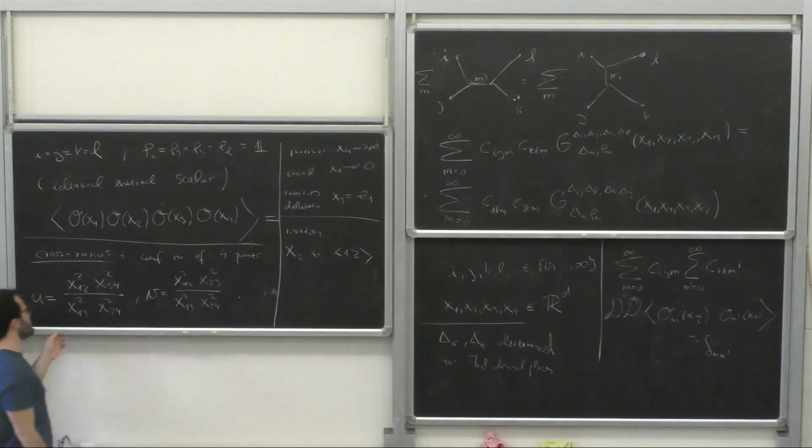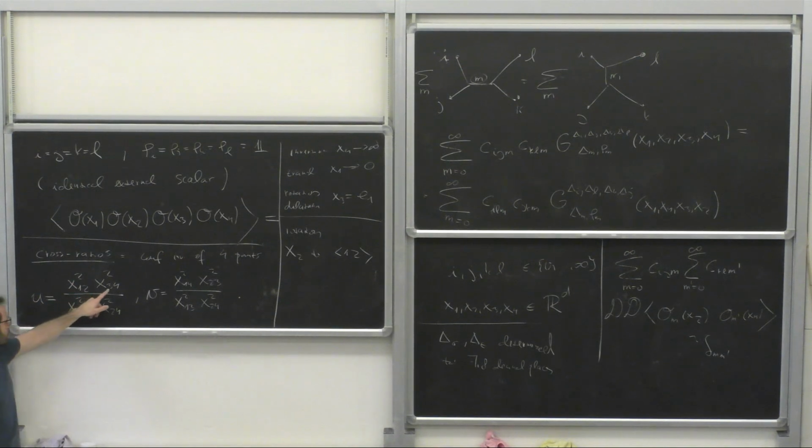Okay, so you see that they are both obviously invariant under translations because they just depend on differences of points. They are also obviously invariant under scaling because every point appears with the same weight.